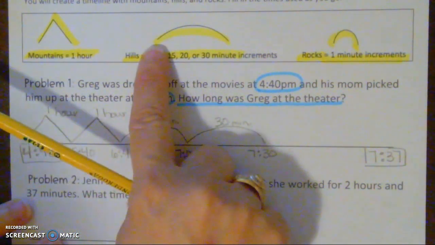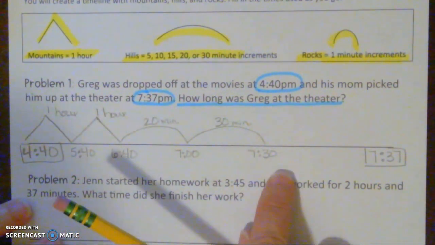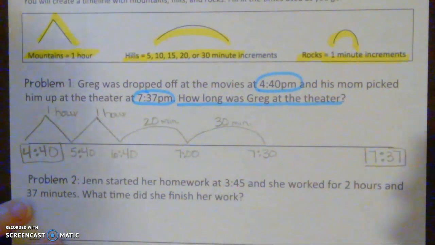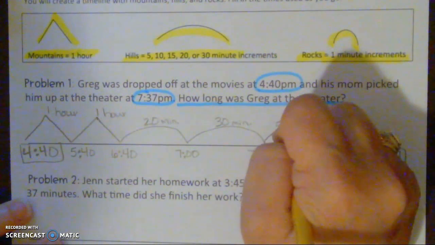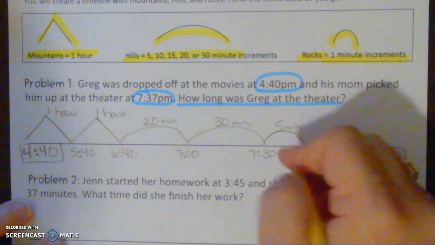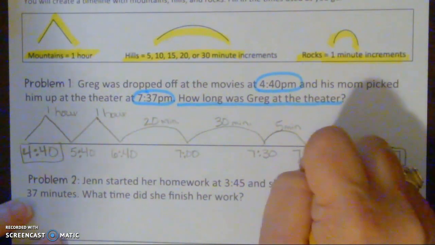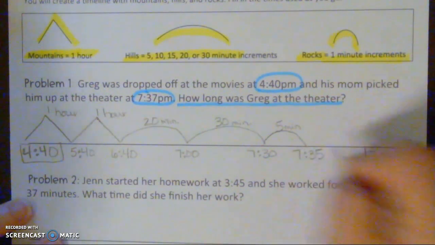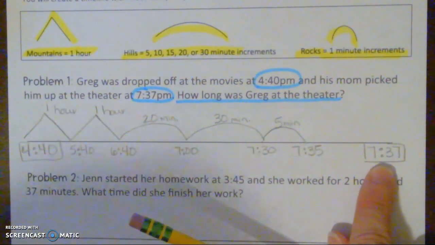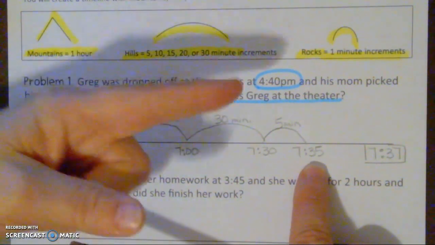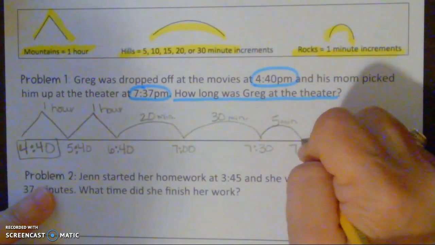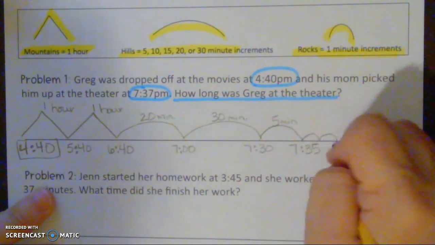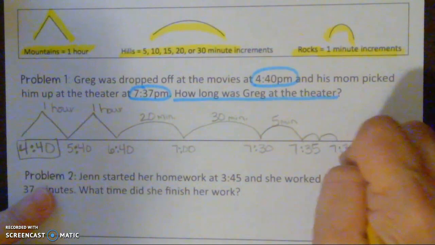From 7:30 to 7:37, we can still do a hill to show our 5 minutes, and after 5 minutes that will put us at 7:35. Then we still have 2 more minutes, because if we count 7:35, 7:36, 7:37, we need 2 rocks, and that will get us to 7:37.